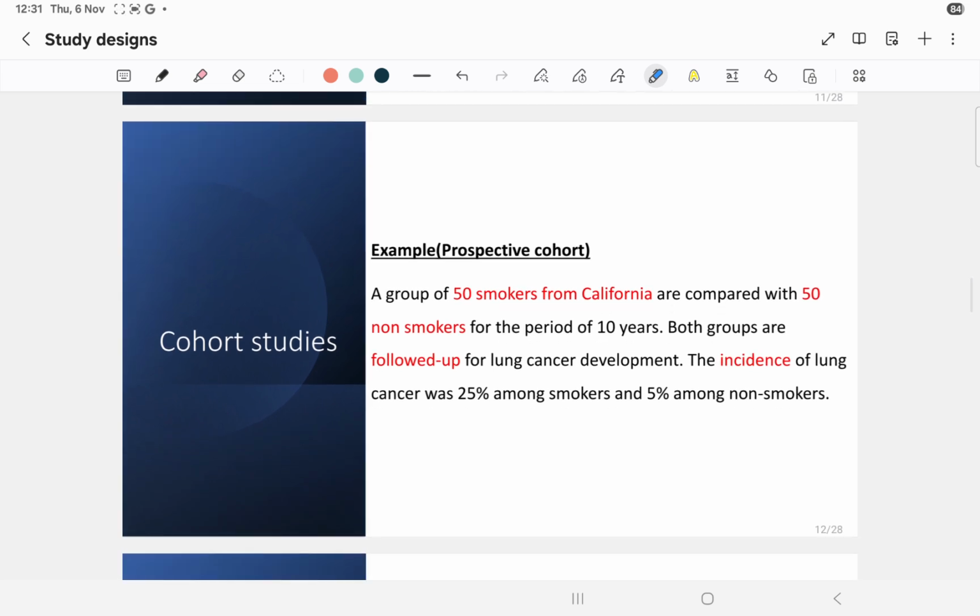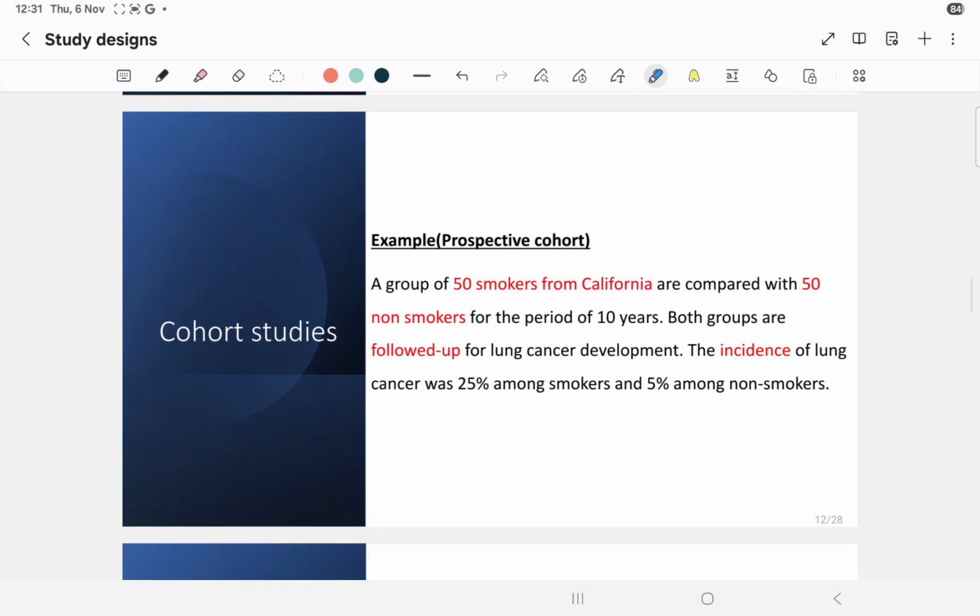So let's take an example to identify the prospective cohort study. We take 50 smokers from California who are compared with 50 non-smokers from California itself for a period of 10 years. So what we are doing here, we are taking 50 smokers, that is exposed individuals, and 50 non-smokers, non-exposed individuals.